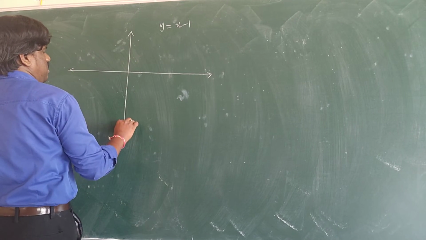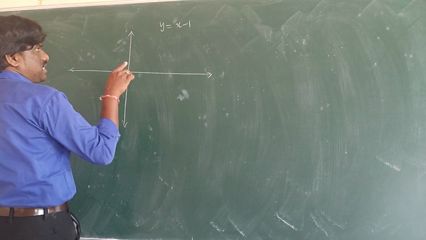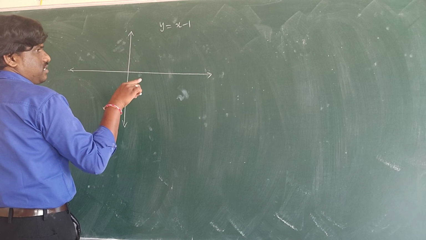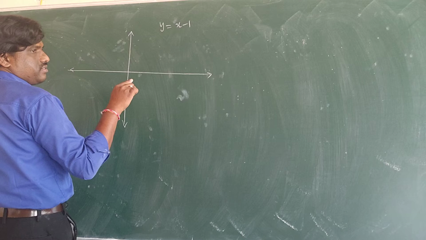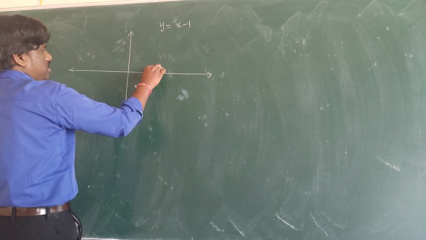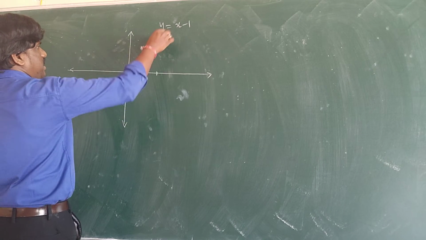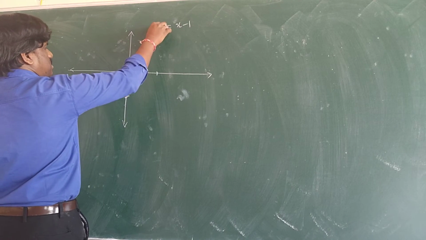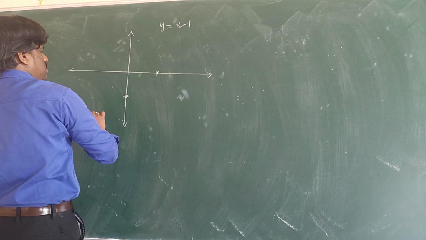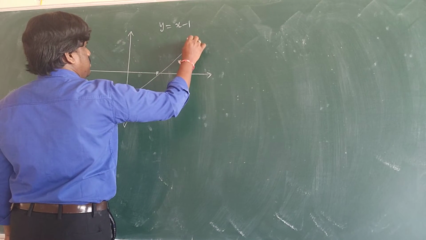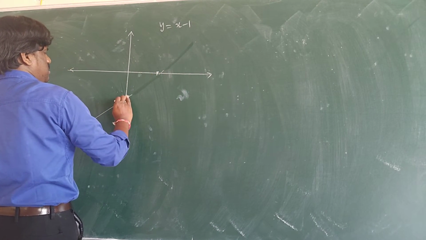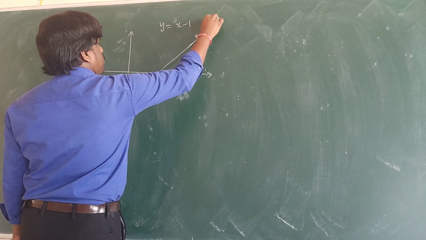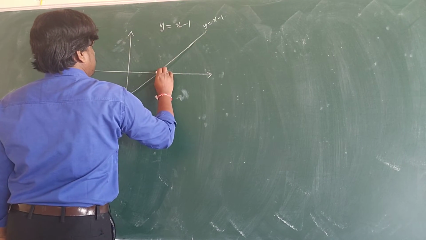If I keep x 0, y will be minus 1. If I keep y 0, x will be 1. So this is the line. What is this line? y is equal to x minus 1.